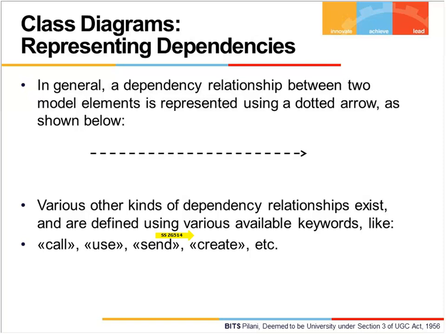Once you have captured all the attributes and all the operations for each software class, now start drawing the dependency relationships, right? Once you have all your dependency relationships in place, you yourself will find that there is no longer a need for the existing association lines.